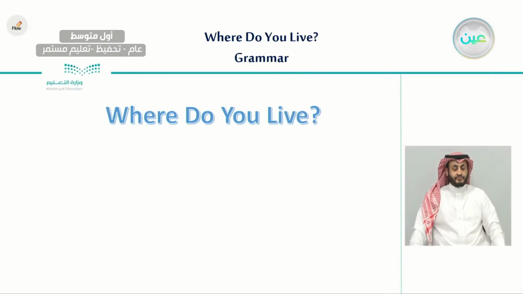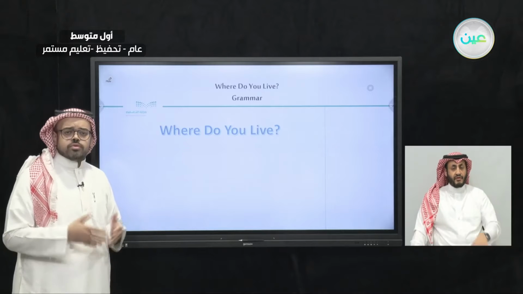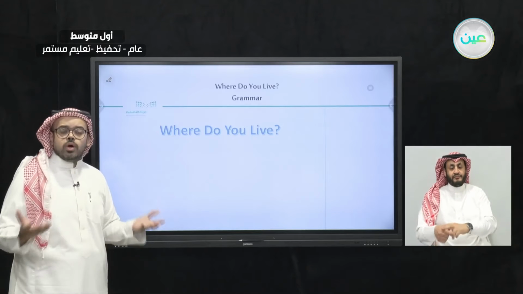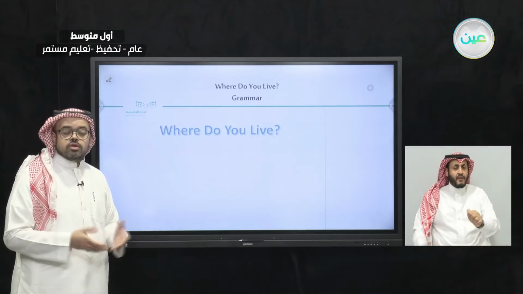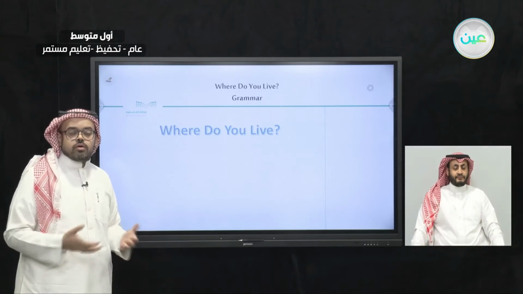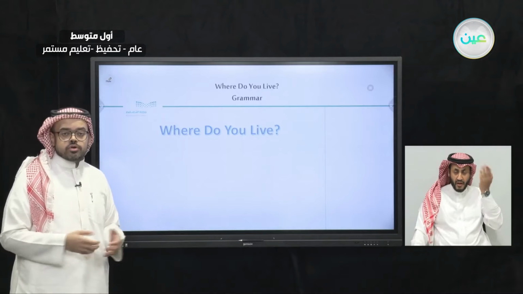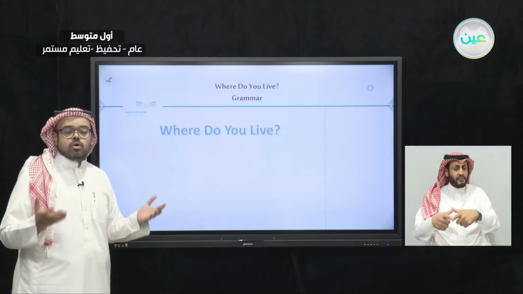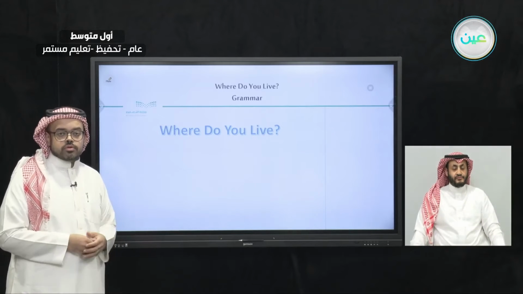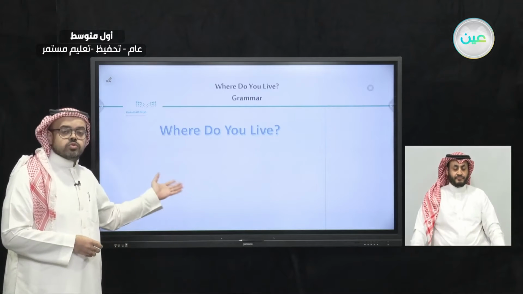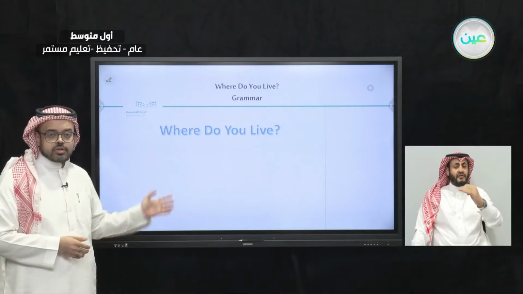Now let's go back to the first question, or the most important question we have in this unit. Where do you live? Yesterday we learned to say where we live and where exactly our neighborhood is, because we now know what we mean by neighborhood. So let's see here a couple of examples on how to answer that question specifically.